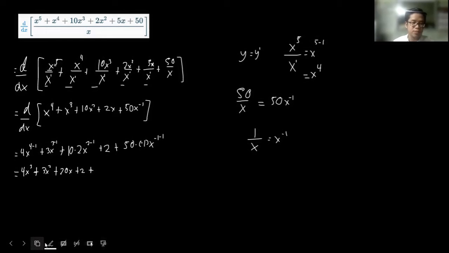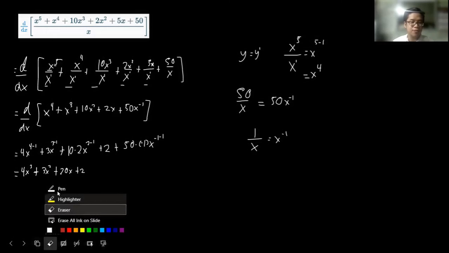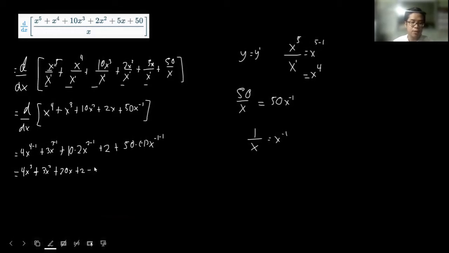Oh sorry, this is not plus anymore because it's already negative, because 50 times negative 1 is negative 50. Therefore, we have minus 50x raised to negative 2.